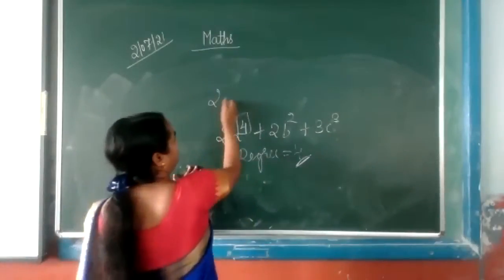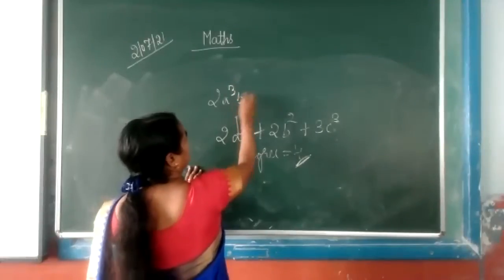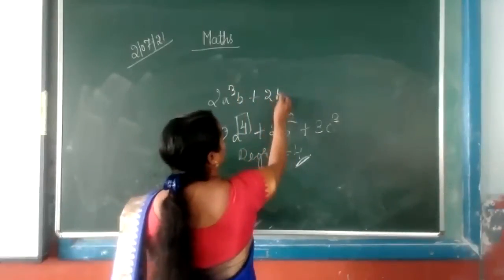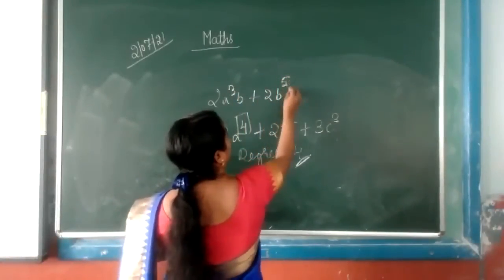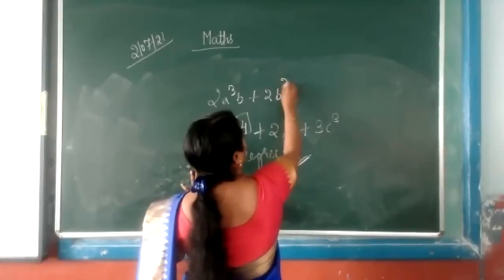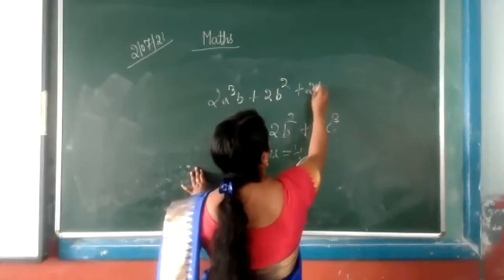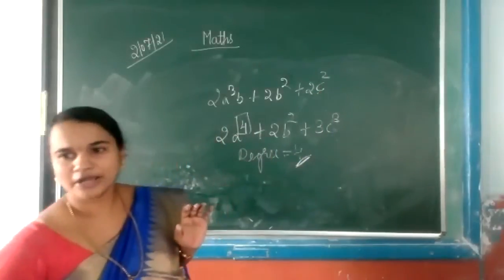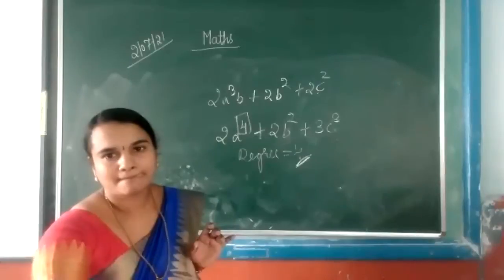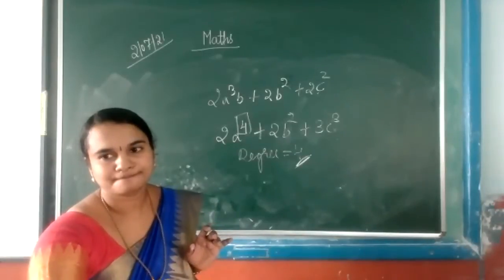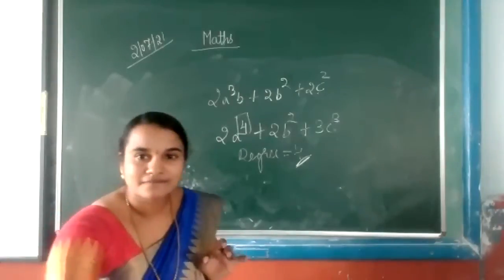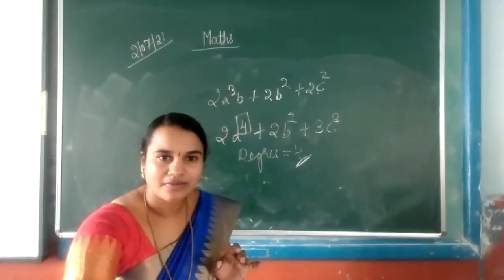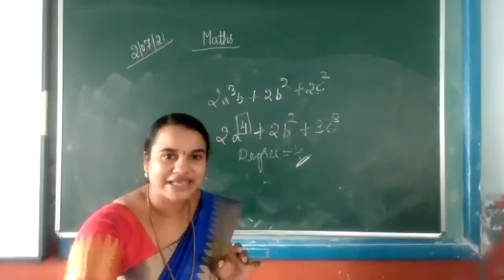Sometimes it will be 2a power 3 b plus 2b power 2 and 2b power 2. Now what is the degree here, Varuna? Ishita is saying 3. Anand Raj is saying 4.